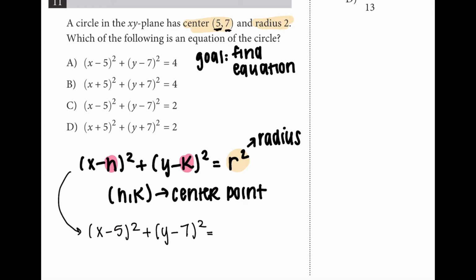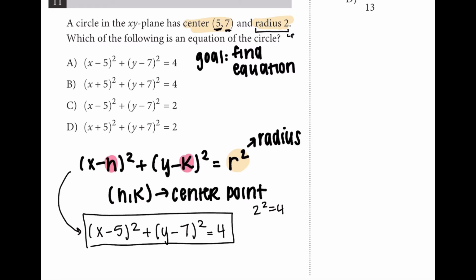And they told us our radius is 2, so that's going to be our r, but it's squared. So it's not just going to be 2, it's going to be 2 squared, which is 4. So we're going to write 4. And so your equation now looks like this. And so this best aligns with answer choice A.